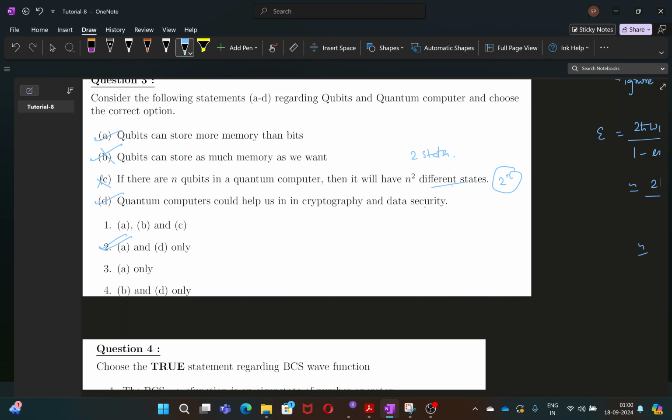And if there are two binary states available, 0 and 1, for each qubit, then for n qubits there will be 2 to the power of n different states, and obviously it can help us in cryptography and data security. So your answer will be option number 2, which says A and D are true.